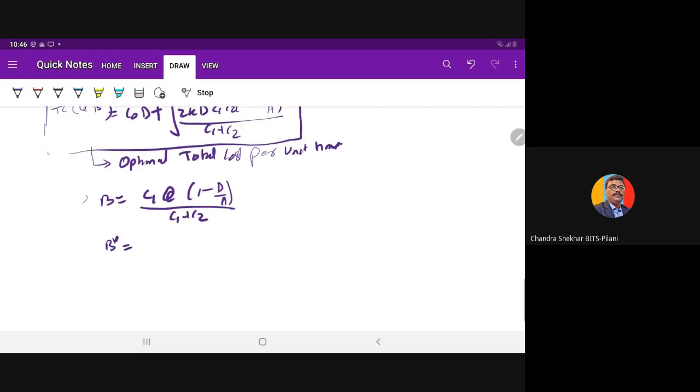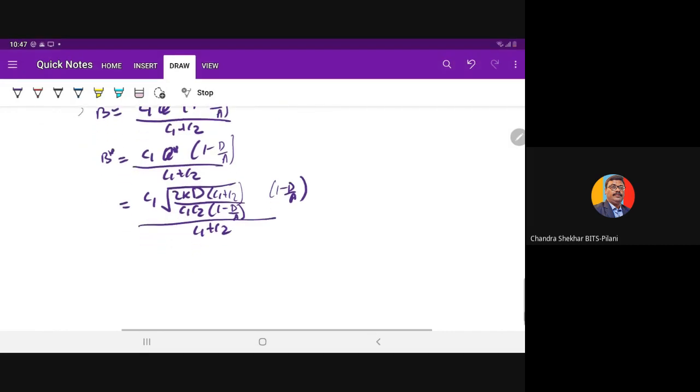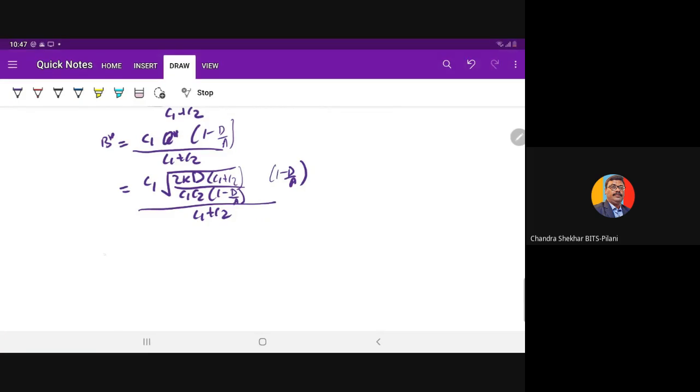So if you put the optimal value, so here you have the optimal B star, and Q star just now we have derived as 2KD upon C1 plus C2 upon C1 C2 into 1 minus D upon A. So from here, the B star will come: root of 2KD C1 into 1 minus D upon A upon C2 into C1 plus C2.